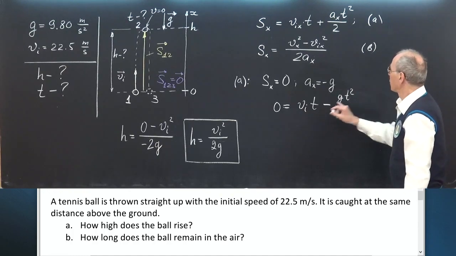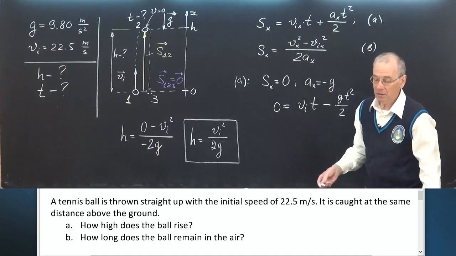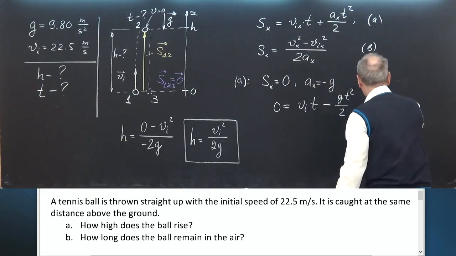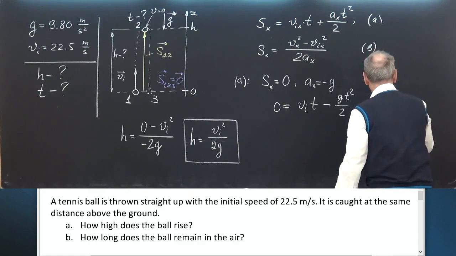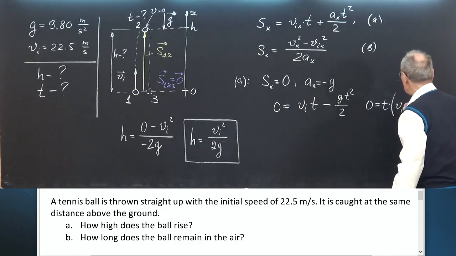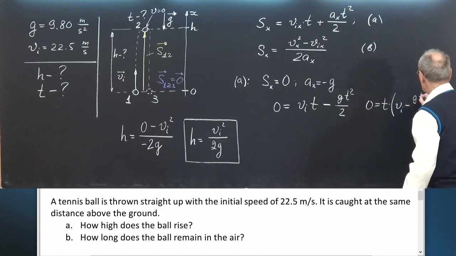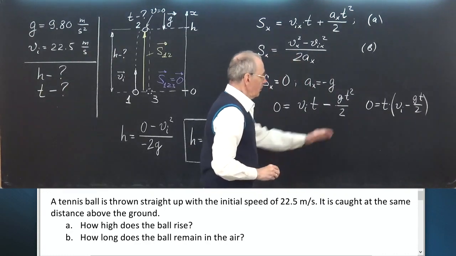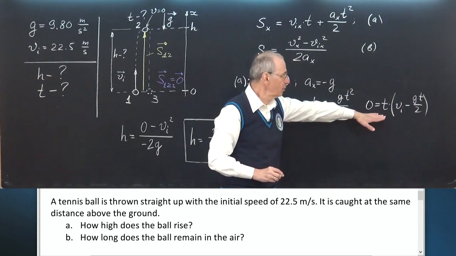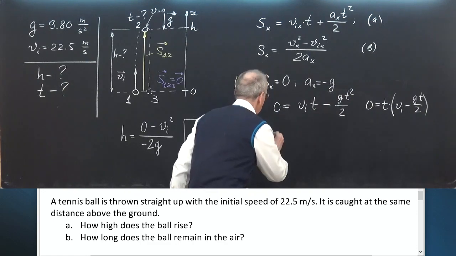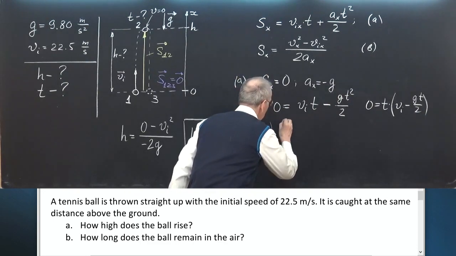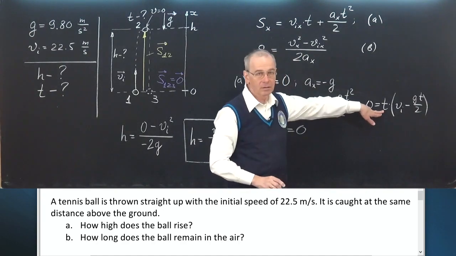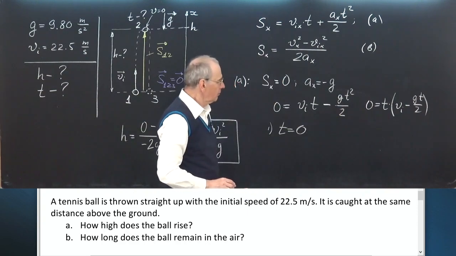These two terms have a common factor that should be taken out of brackets. 0 equals t times v initial minus gt over 2. There are two roots of this equation. 1, t equals 0. This factor is 0.